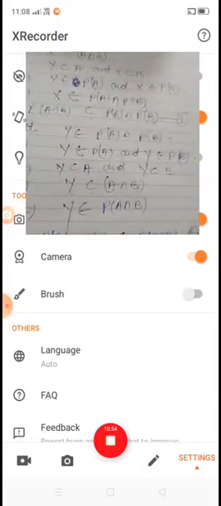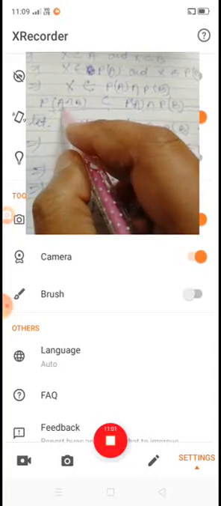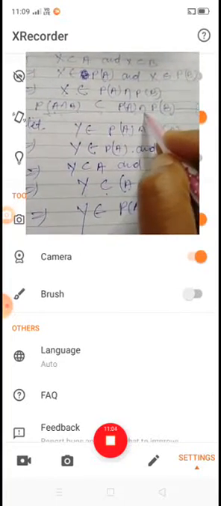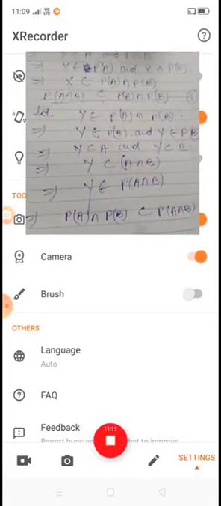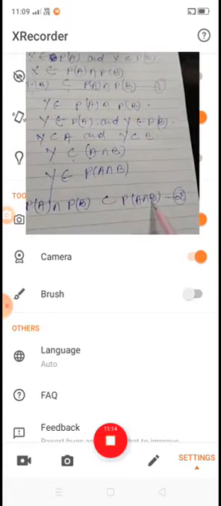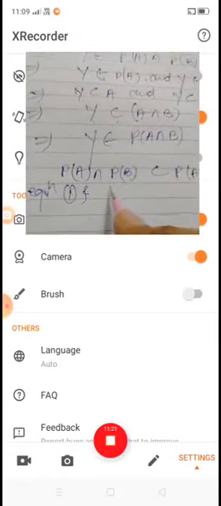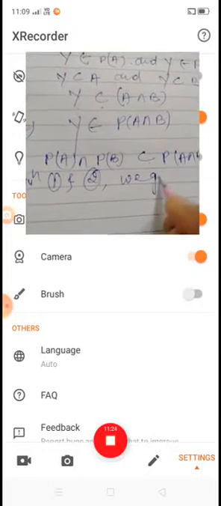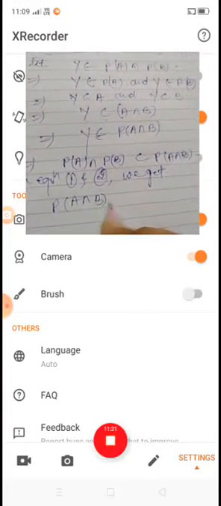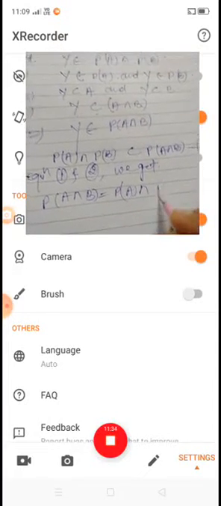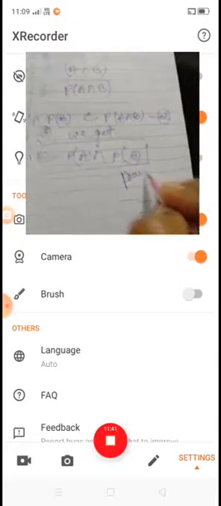Take equation number 2. Look here, power of set A intersection B is a subset of power of set A intersection power of set B, and here we prove that power of set A intersection power of set B is also a subset of power of set A intersection B. So from equation 1 and 2 we get power of set A intersection B is equal to power of set A intersection power of set B. Hence proved.